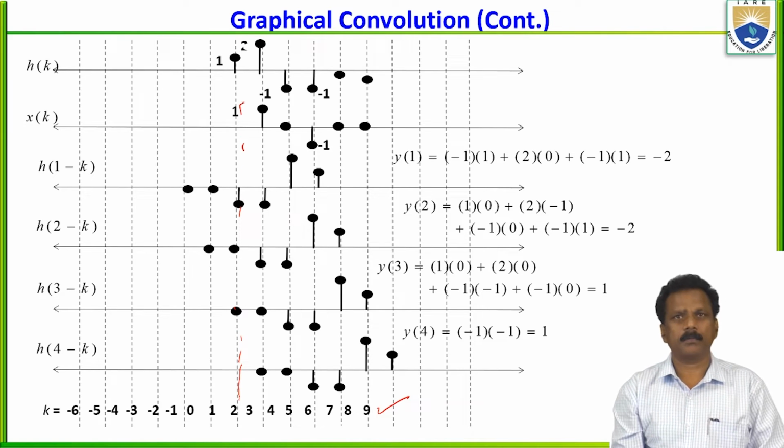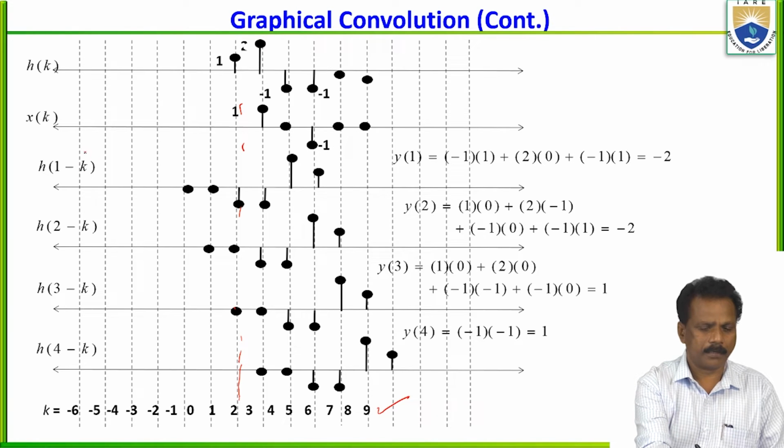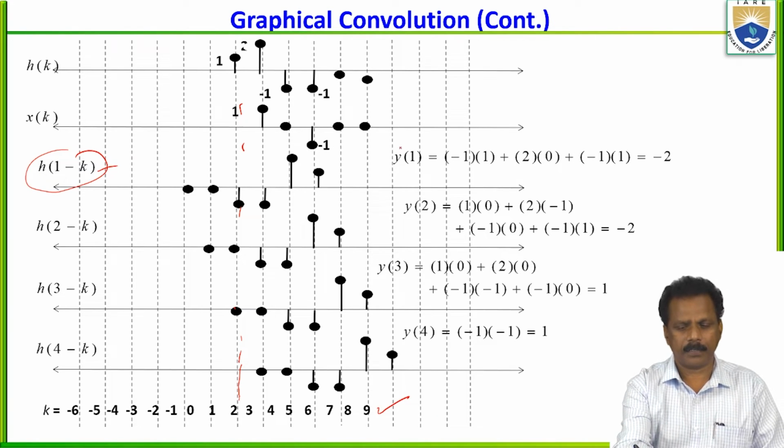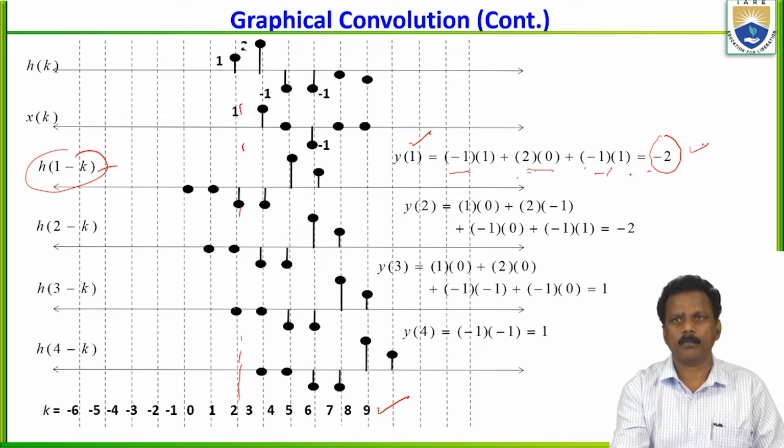Okay, so x of k, h of minus 1 minus k, y of n. Here y of n is equal to minus 1 into 1 plus 2 into 0 plus minus 1 into minus 1, and we verify that it is minus 2.